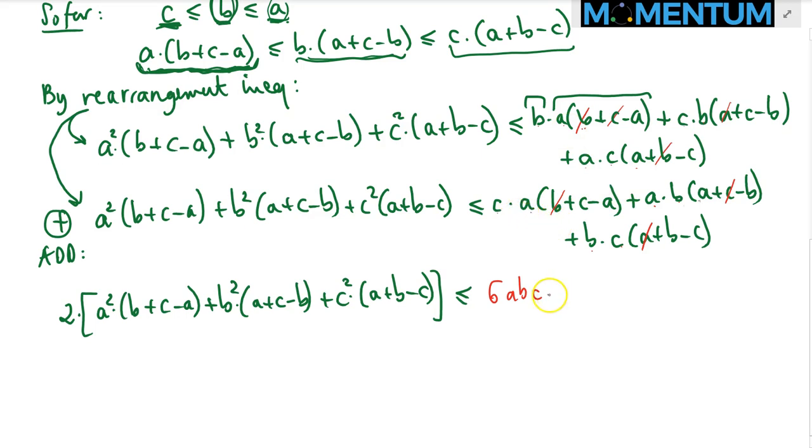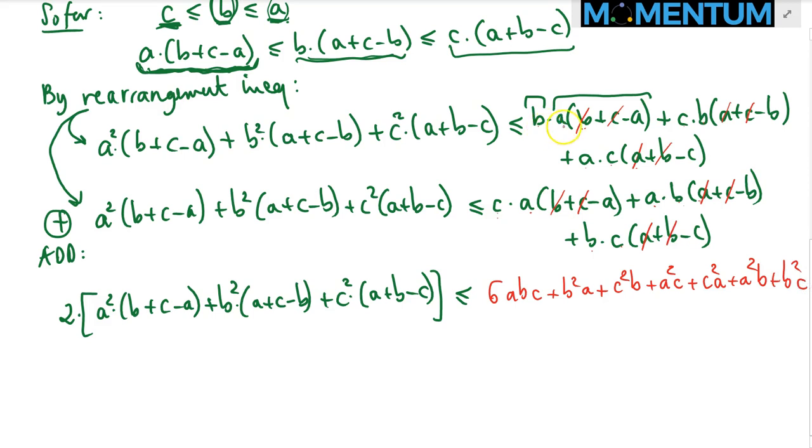So we have a B squared A term, plus a C squared B term, an A squared C term, and then a C squared A term, A squared B term, and then a B squared C term. I think we are done with those.